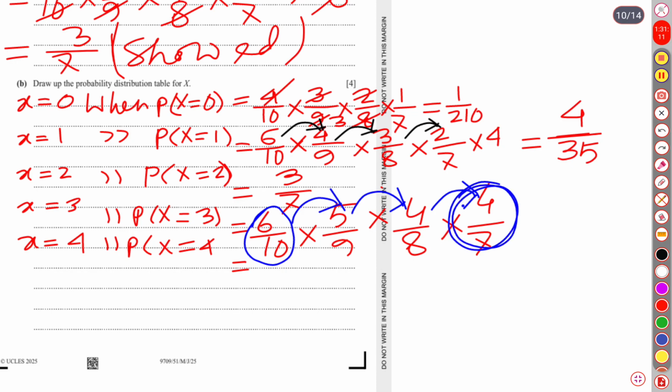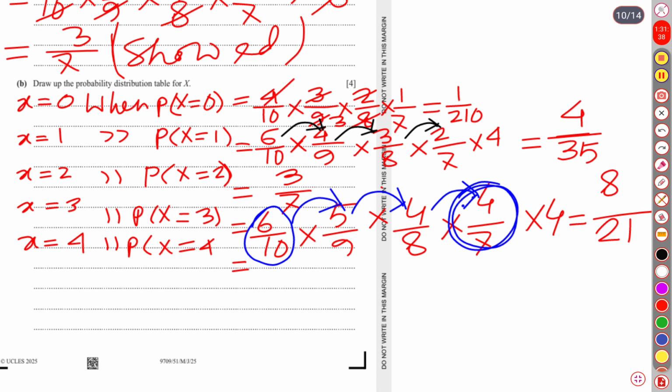So this red marble may be picked in the fourth case, or third case, or second case, or first case. That's why there are four such cases, and we are going to multiply by 4. If we calculate, it is going to be 8 over 21. I am leaving this in exact format.